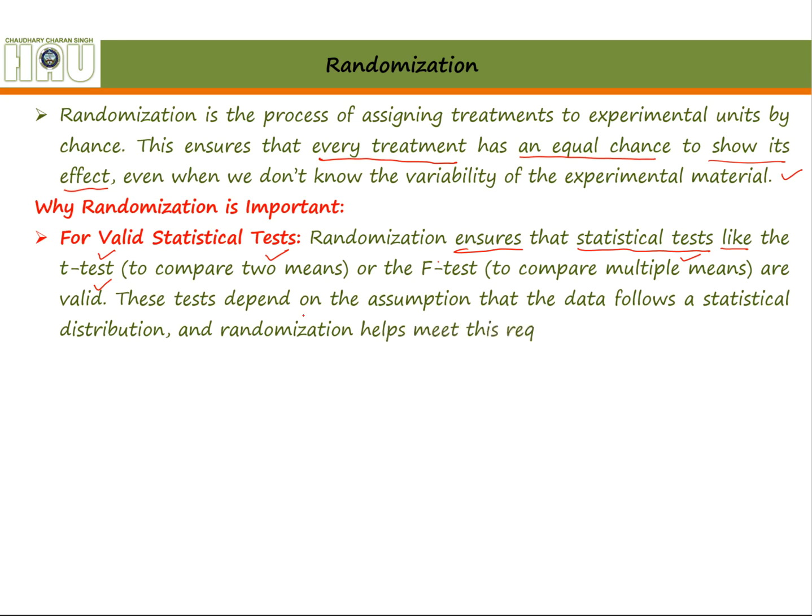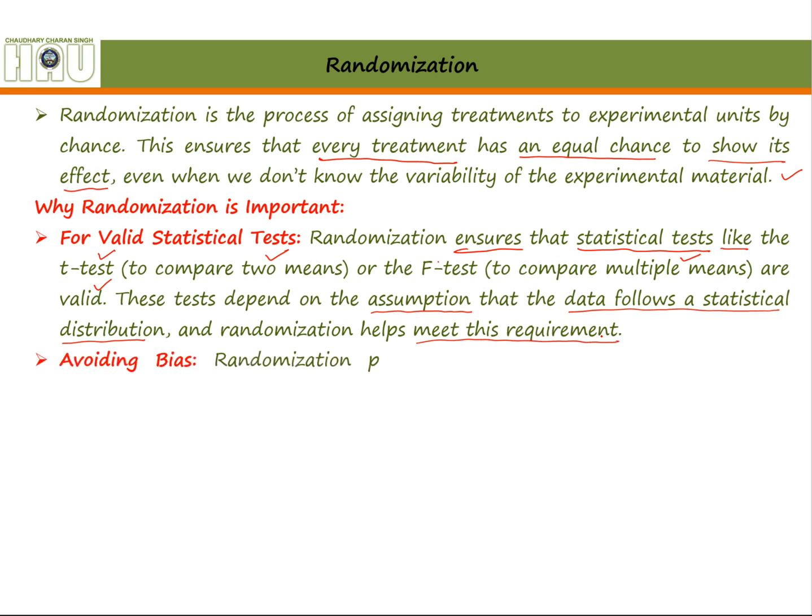These tests depend upon the assumption that data follow a statistical distribution, and randomization helps us to meet these requirements. So randomization is very much important for obtaining valid statistical tests.